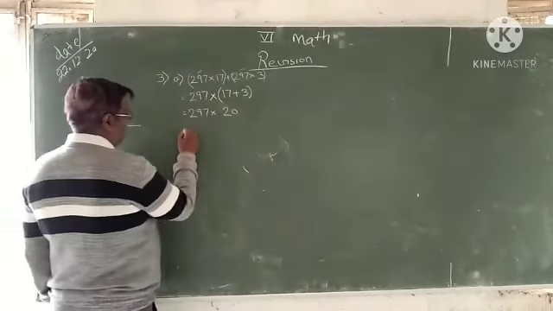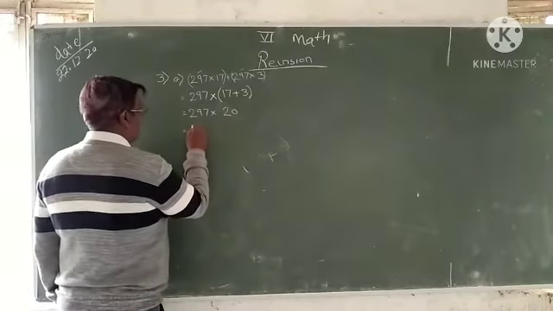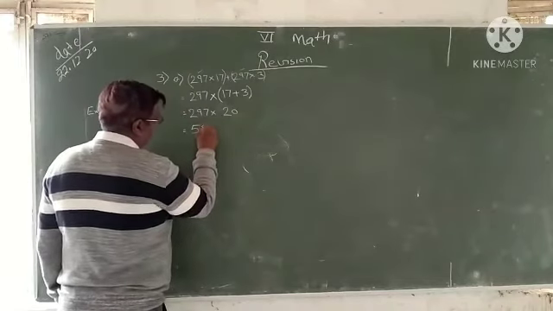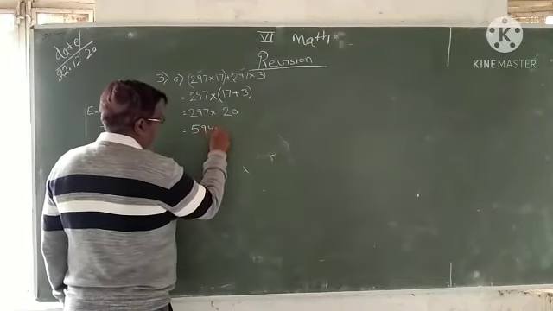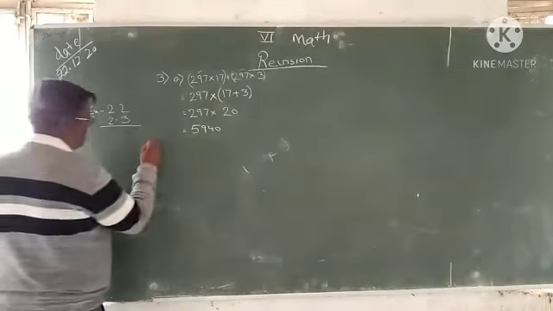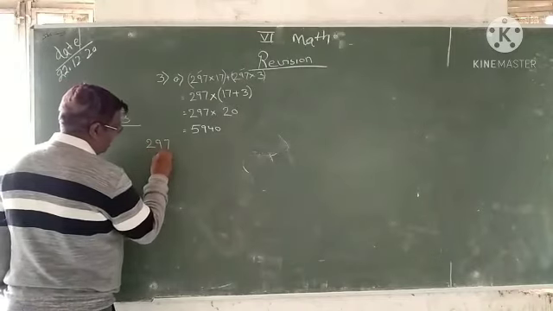Straight away multiply it. Now you will find the answer as 5,940. If we want to check whether it is correct or not, we can do it in this way.